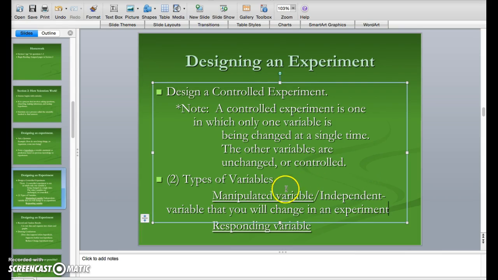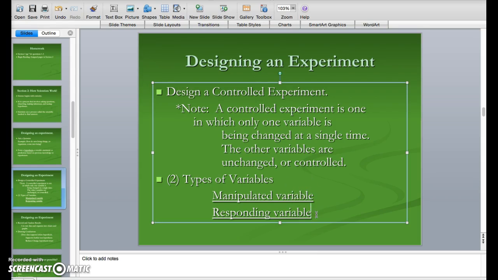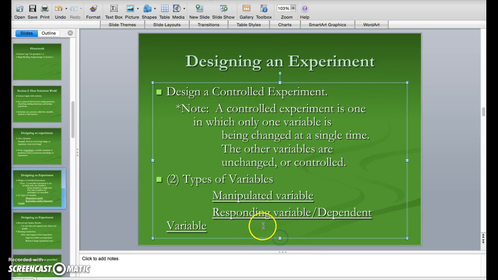Okay? The other type of variable in an experiment is referred to as the responding variable. The responding variable is also known as the dependent variable. And that variable is going to be observable or measurable data.